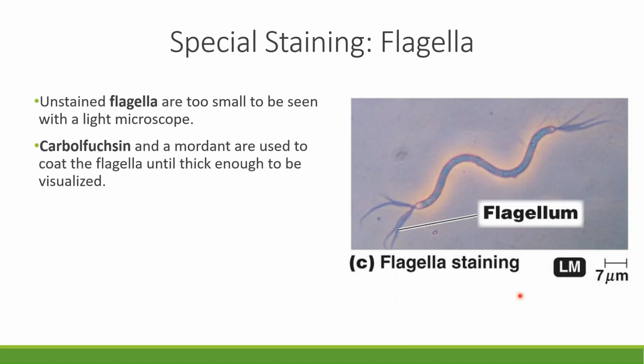An unstained flagellum is so small that it typically can't even be visualized with a light microscope. So we have a workaround with this. If you use carbol fuchsin and a mordant, you can apply a layer of thick dye onto the flagella. This process coats the flagella with enough stain to make them visible under light microscopy.